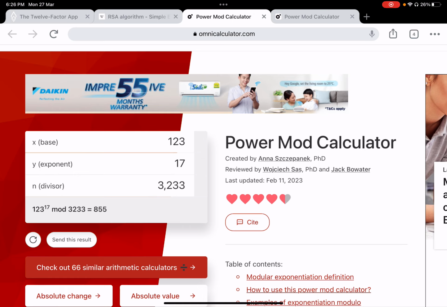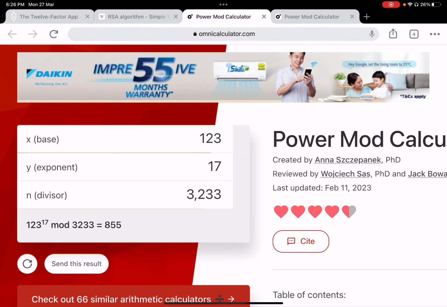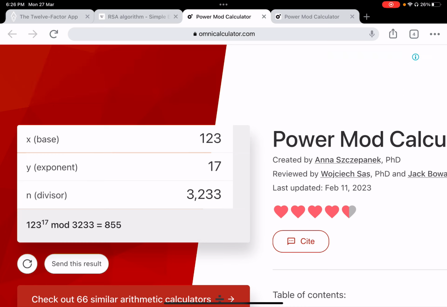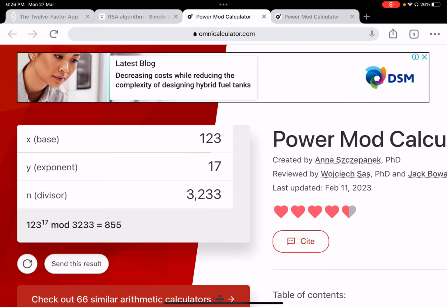So I simply went to this website where I feed in the number that we just talked about. Our base message in this case is this number 123, which we want to encrypt. These two mathematical numbers, 17 and 3233, have been derived from the equation. We encrypt that number using these two numbers, and we arrive at 855.